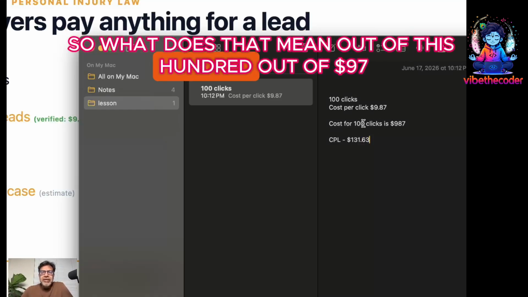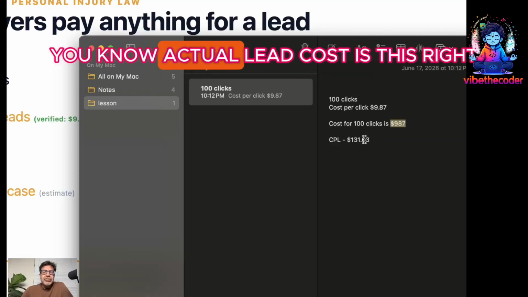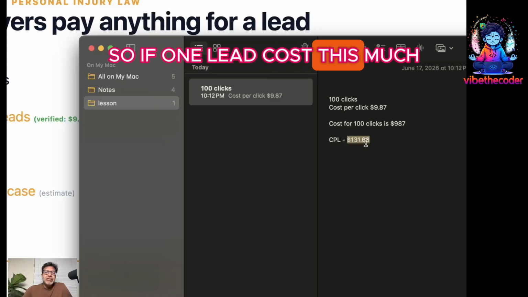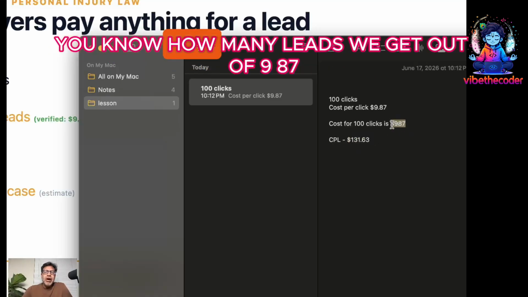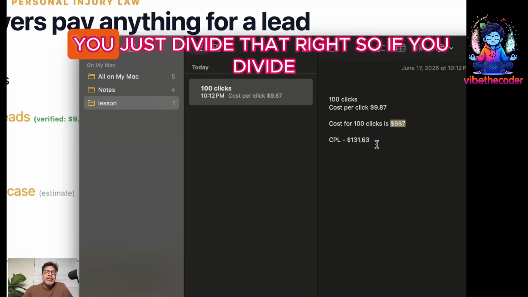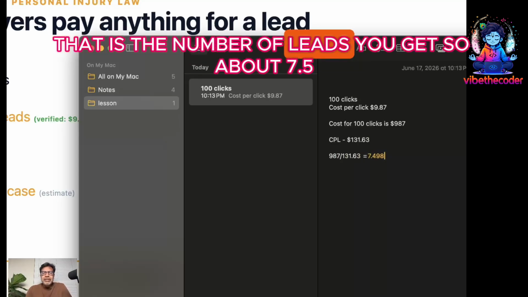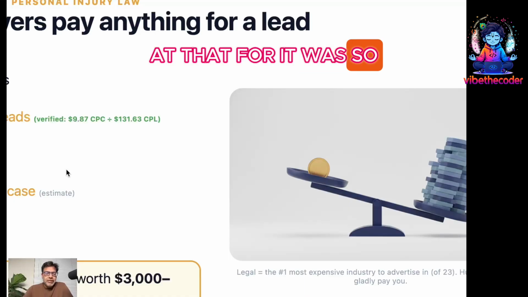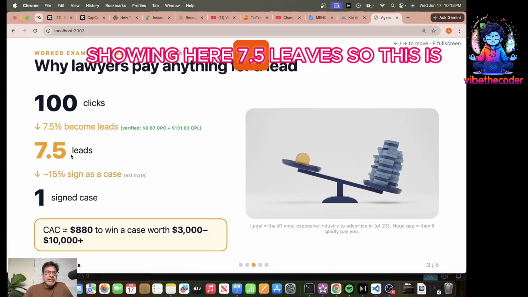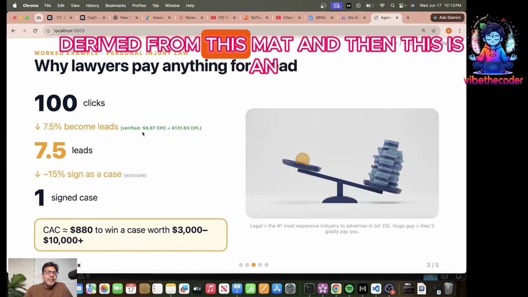Out of that $987, if one lead costs this much, how many leads will we get? You just divide: 987 divided by 131.63 is the number of leads you get, about 7.5. That's what it was showing here, 7.5 leads. So this is derived from this math.